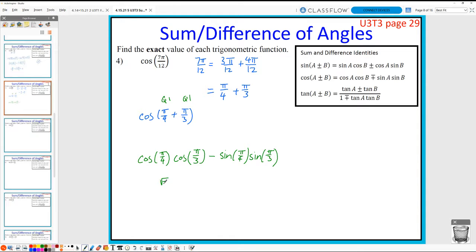Cosine of pi over 4 is root 2 over 2. Cosine of pi over 3 is 1/2, minus root 2 over 2 times root 3 over 2. So I have root 2 over 4 minus root 6 over 4, and we can combine these: root 2 minus root 6 over 4.